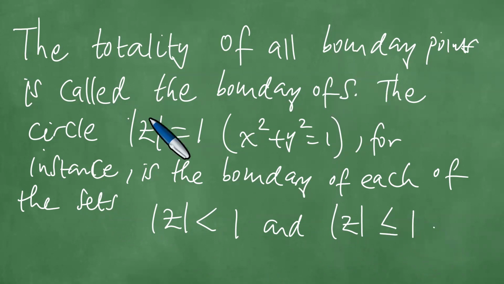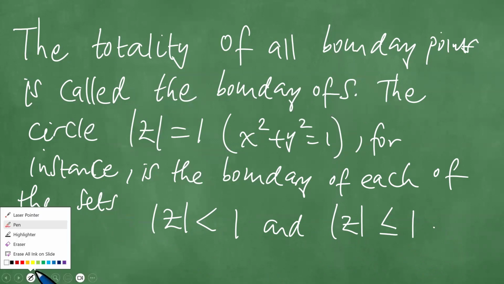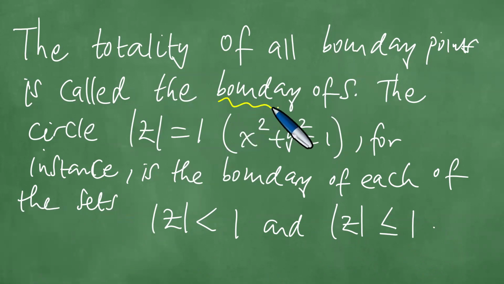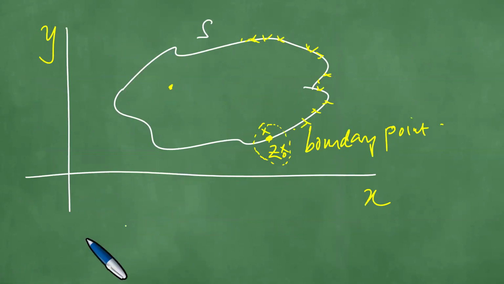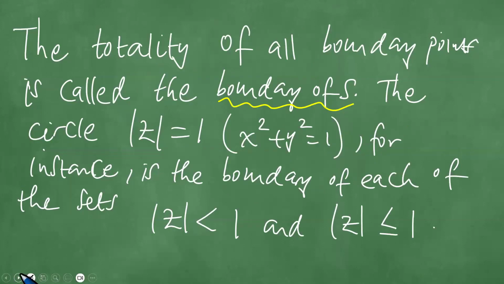So the totality of all boundary points is called the boundary of S. We have defined the boundary of a set. What is the boundary of a set S? The boundary of a set S is the totality of all boundary points of the set S. The totality of all boundary points of the set S constitutes what we call the boundary of S. So in other words, if we consider all these boundary points, but all of them, they form the boundary of the set S. Okay, so it's something you need to take note of there.